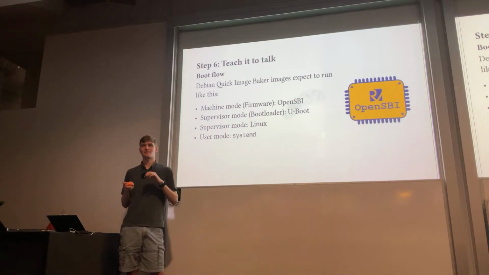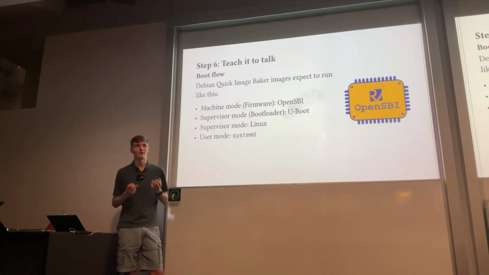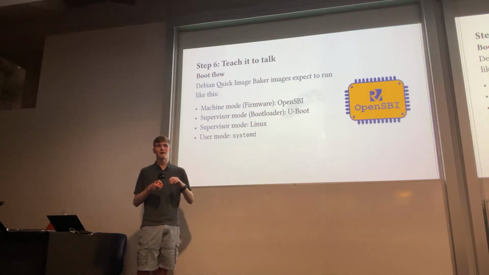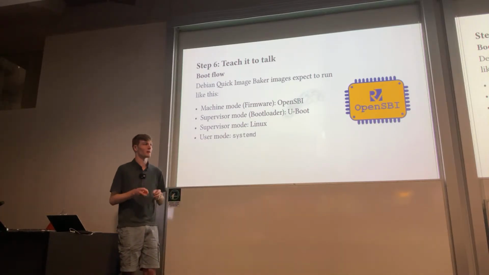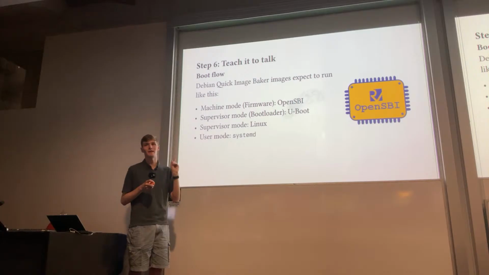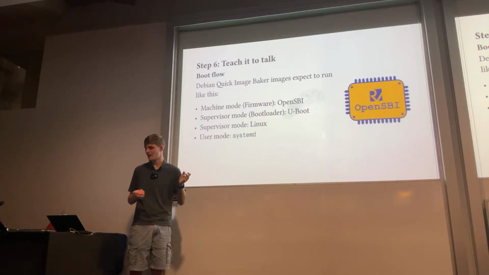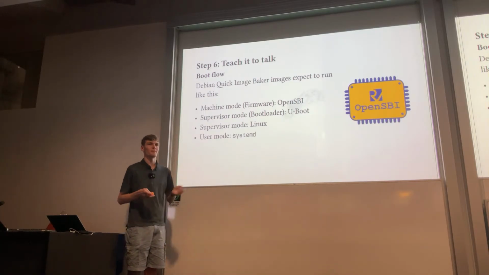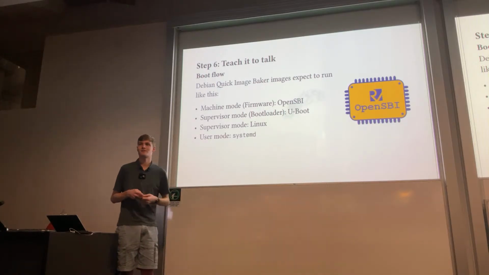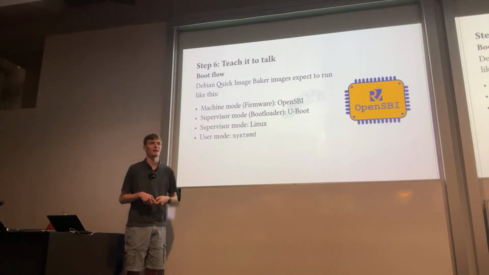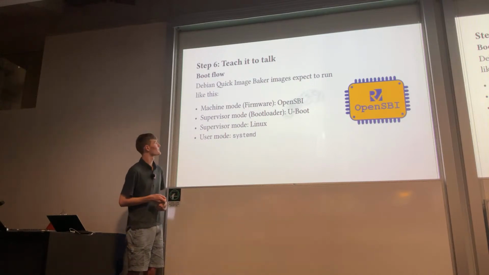And it gives us two pieces of software that it expects to run through. So the firmware, the thing that first starts up, is this thing called OpenSBI, which implements a supervisor binary interface API that is a RISC-V standard.